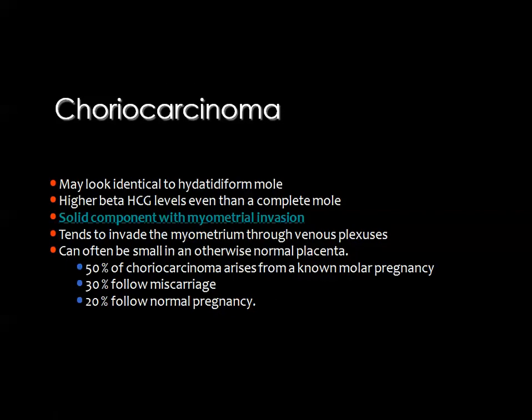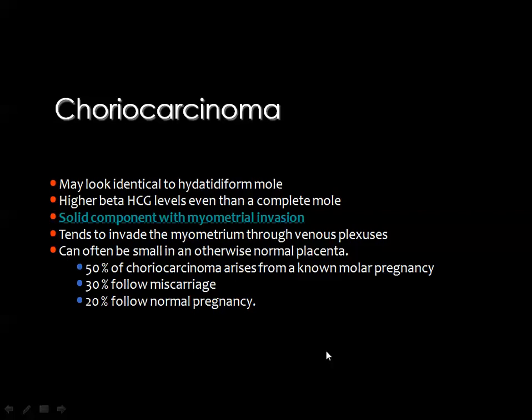Choriocarcinoma is a rare malignancy and is diagnosed by the elevation of beta human chorionic gonadotropin in blood. It appears as a solid lesion with myometrial invasion, which may simulate endometrial carcinoma.